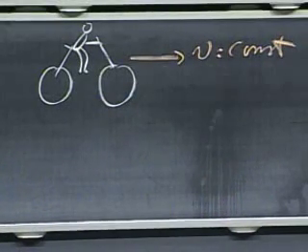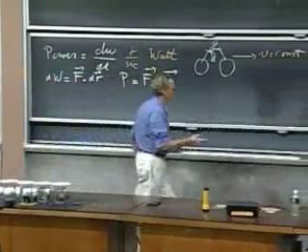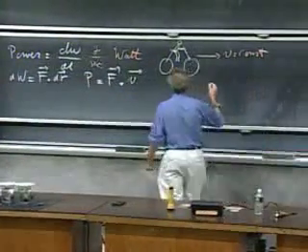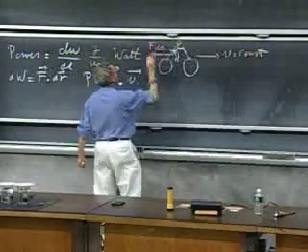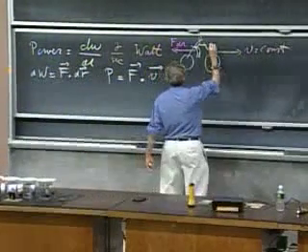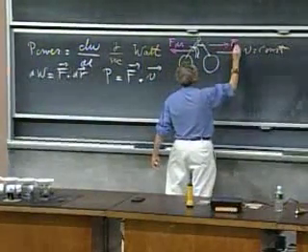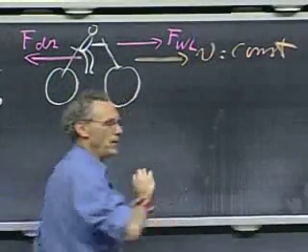Now, there is air drag, which is unavoidable. We discussed that. And the air drag acts like a force on me, F drag. And so somehow I, Walter Lewin, will have to come up with a force in this direction to overcome this drag so that the speed can be constant.